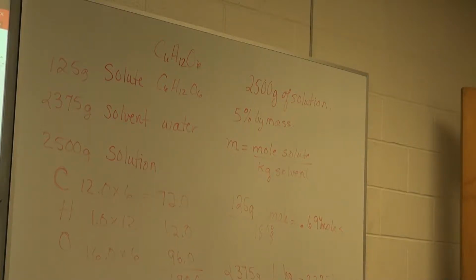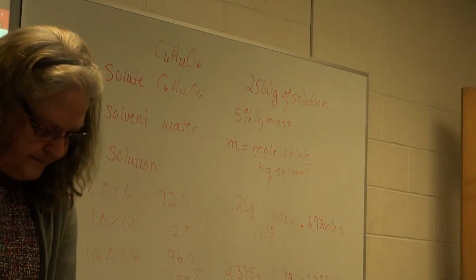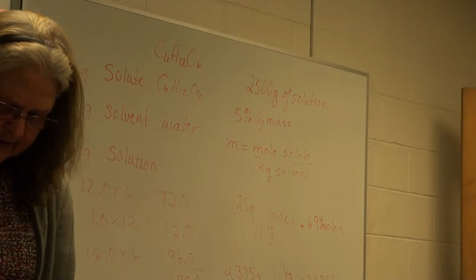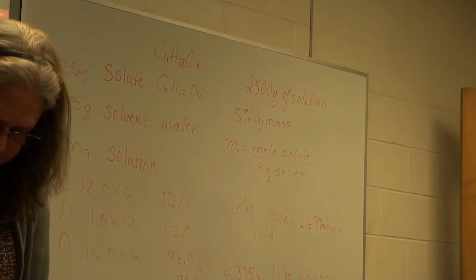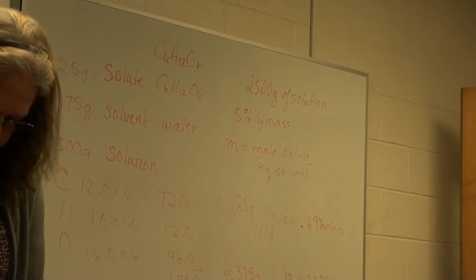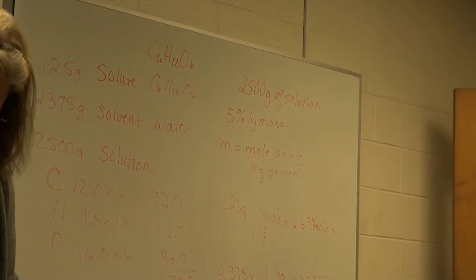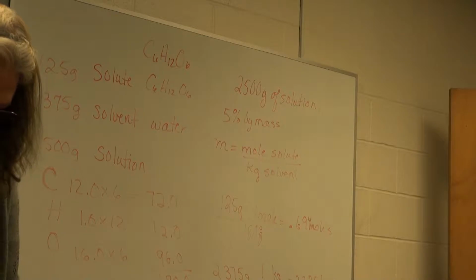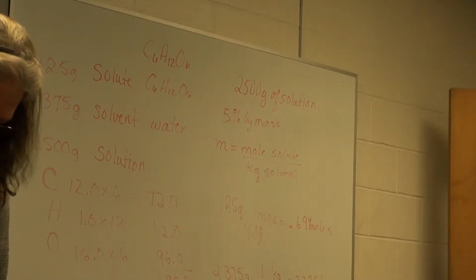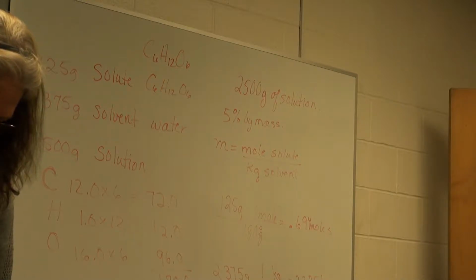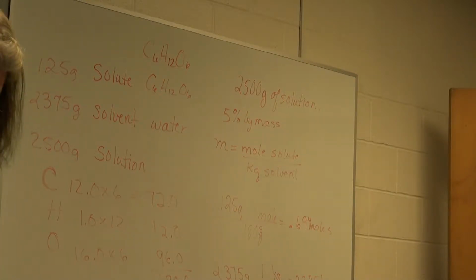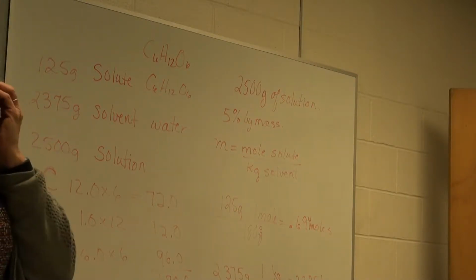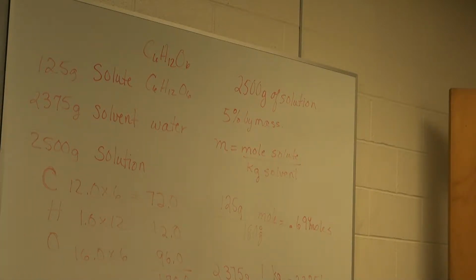Okay, so let's finish up the colligative properties stuff. So you guys kind of did this in the lab yesterday, and hopefully you saw that there was a change in the boiling point and a change in the freezing point when you put the materials into the water.